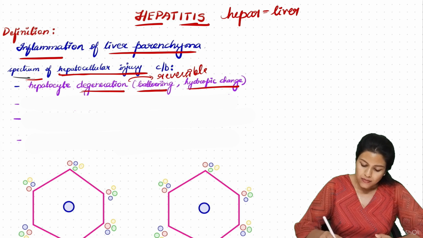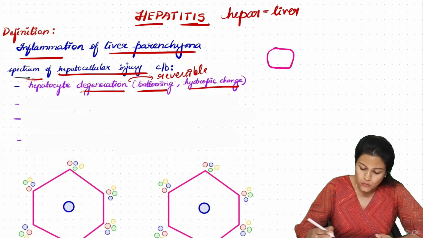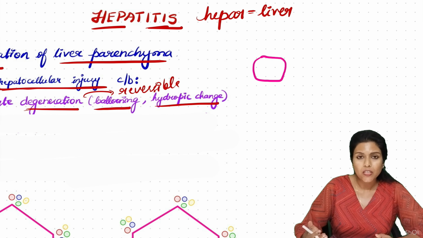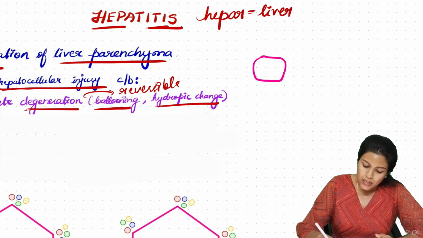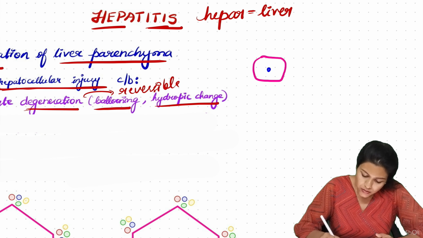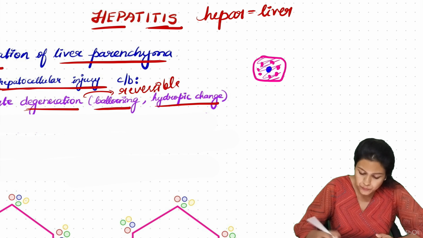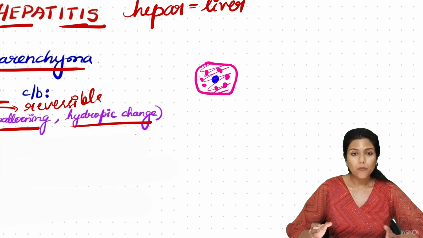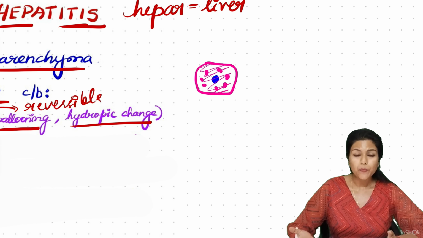Consider this as a normal hepatocyte, which is roughly polyhedral or polygonal in shape with a central round nucleus. The cytoplasm is granular and eosinophilic.